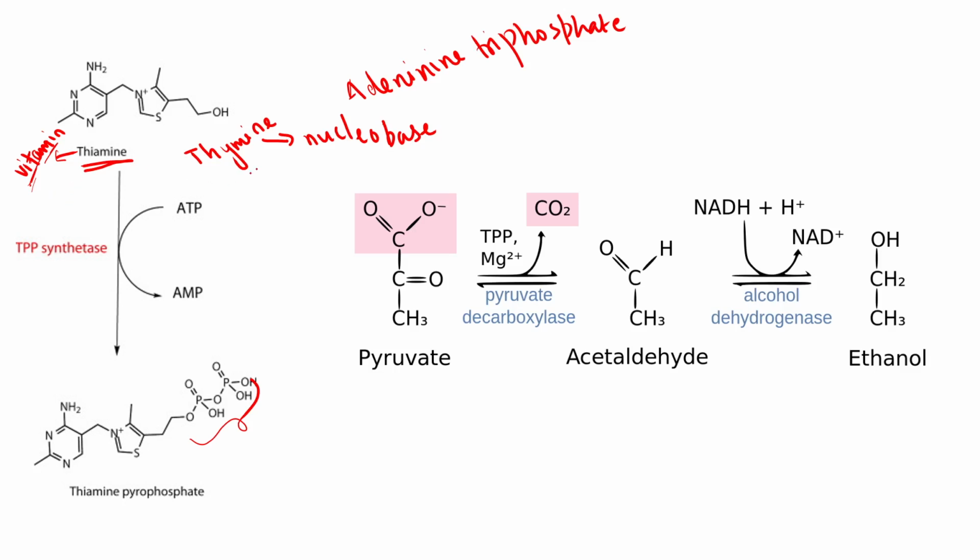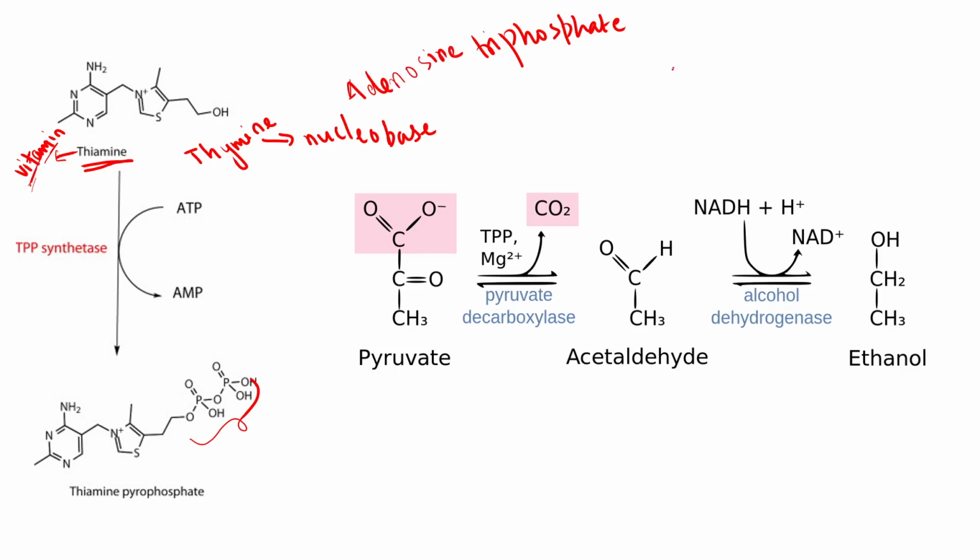So this adenine triphosphate, we have 5 nucleobases if you remember. So from that, adenine is attached to 3 phosphate groups. Actually it's not adenine triphosphate, it's adenosine triphosphate.